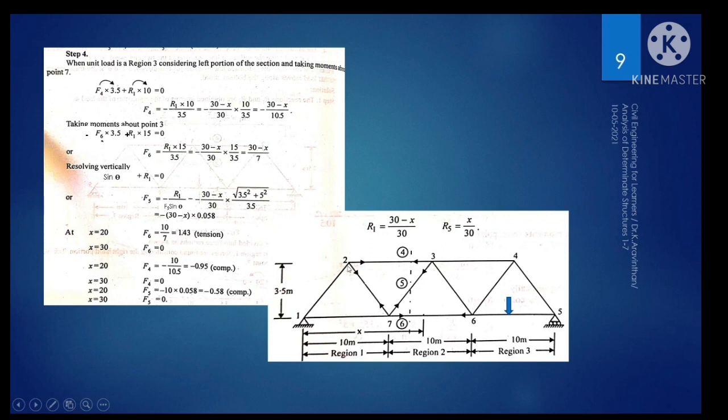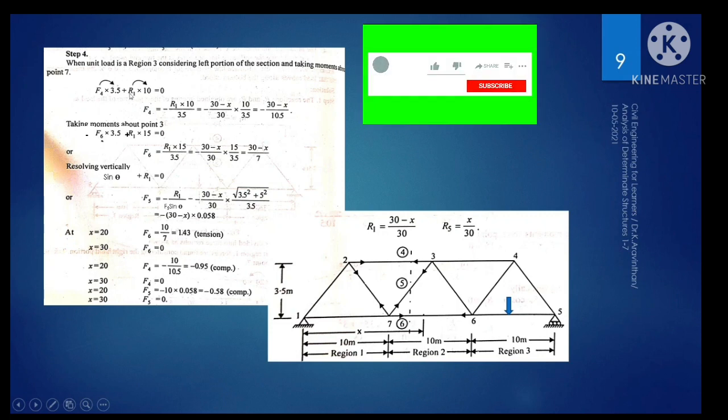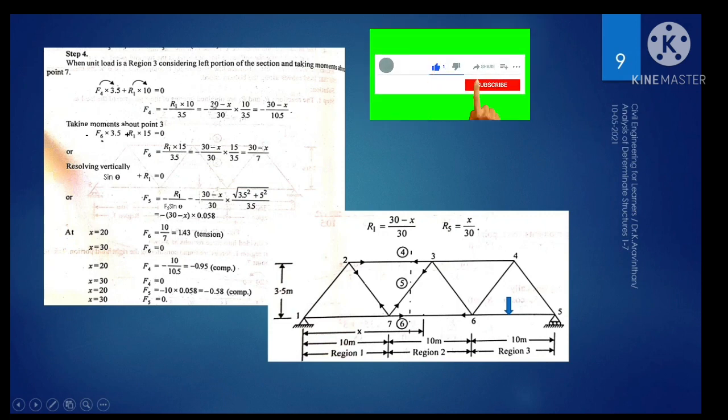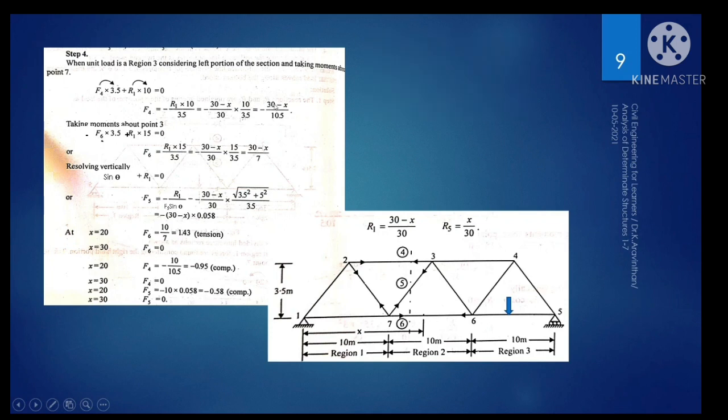So 3.5 into F5, this is also acting clockwise with respect to joint 7, and we will be getting this equation. You know R1 equal to 30 minus x divided by 30, which we have found out earlier, and further if you simplify, you will be getting 30 minus x divided by 10.5.